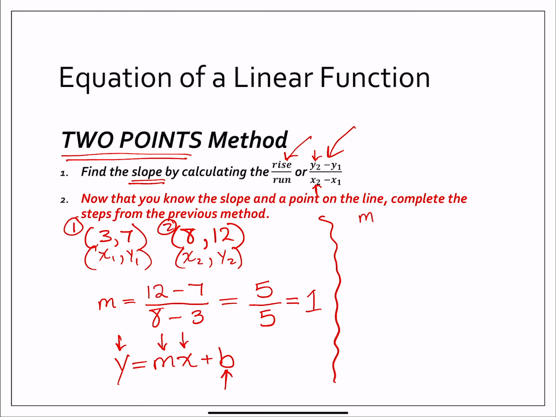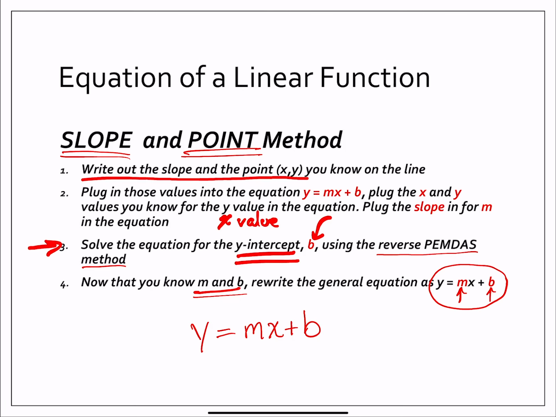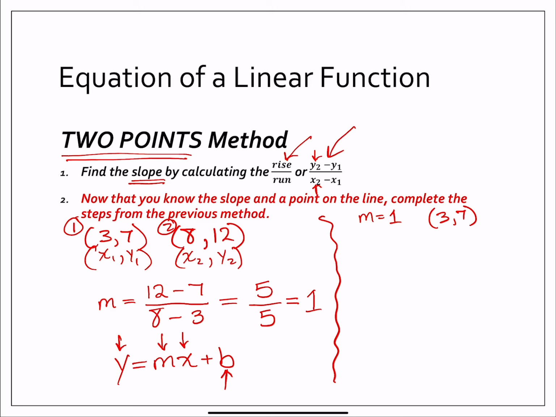So we have m equals 1. And our point, we can use either point that we want. I'll use (3, 7). It doesn't matter which one we use, right? Then we have step 2, plug those values into y equals mx plus b. So when we plug those values in, what do we get?